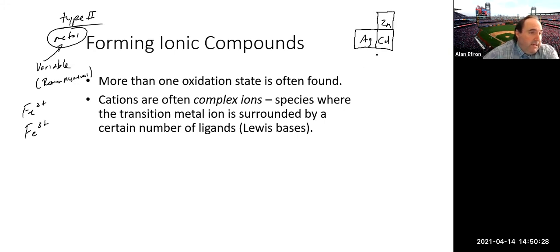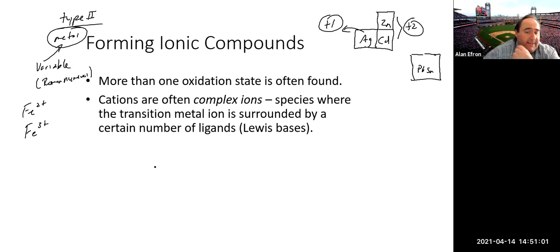So zinc and cadmium pretty much always make a +2 charge, a fixed charge. Silver pretty much makes a +1 charge, constant. But pretty much everybody else in that transition metal region, and even a little bit outside of it, like lead and tin and so forth, have variable charges, which is why we use Roman numerals when we name them.